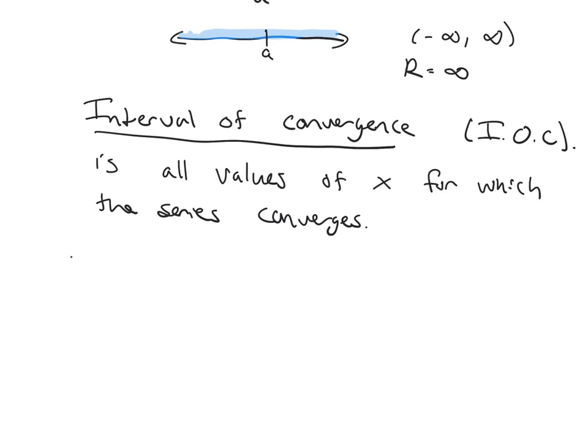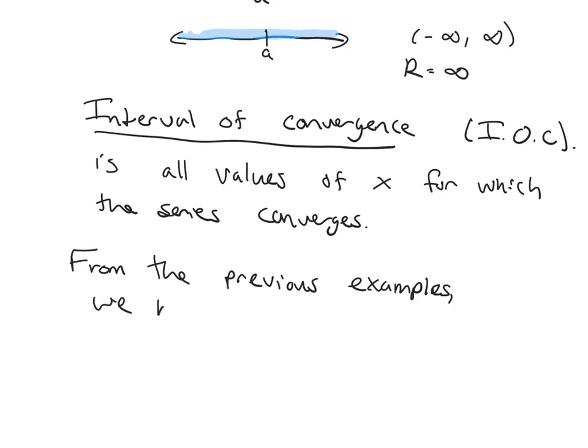So from the previous examples, let me make a table here where I write down 4 things: series, where we said it converges, radius of convergence, interval of convergence.